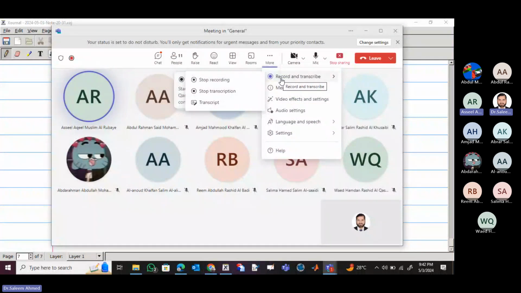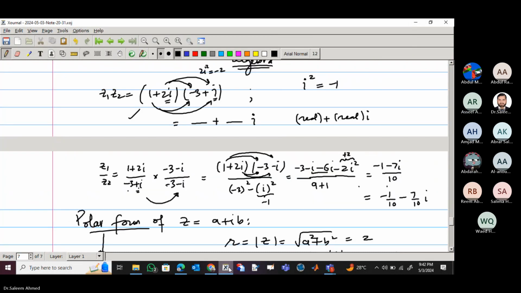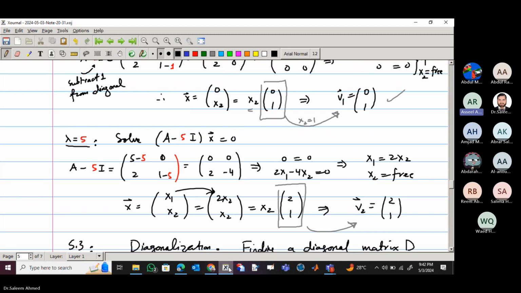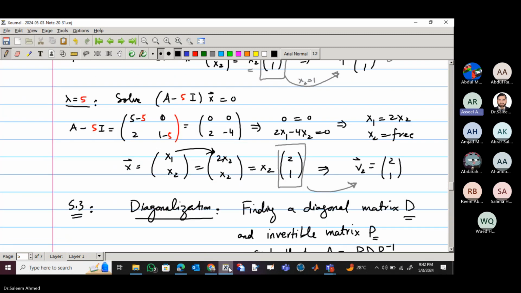I have one question. Can you go back to the eigenvector thing when we solved one example? The final step of finding the eigenvector. Can you repeat it? This is writing a vector in parametric form.